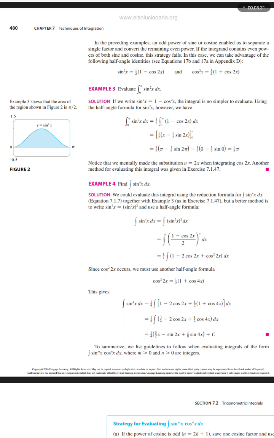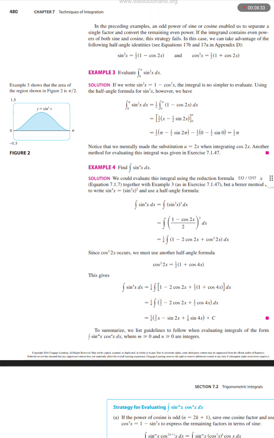If we write sine squared x equals 1 minus cosine squared x, the integral is no simpler to evaluate.